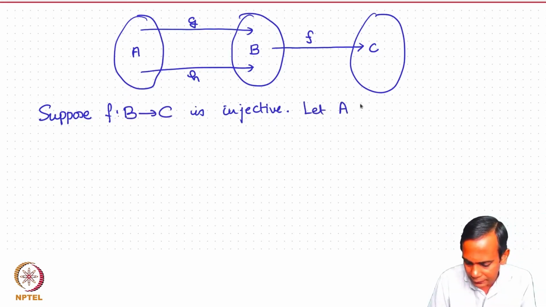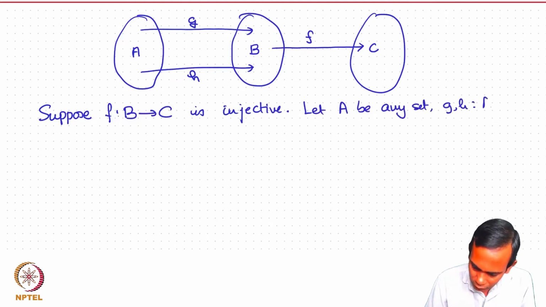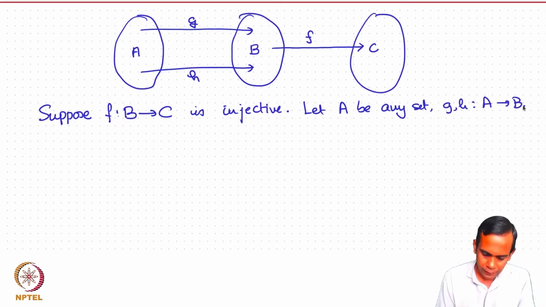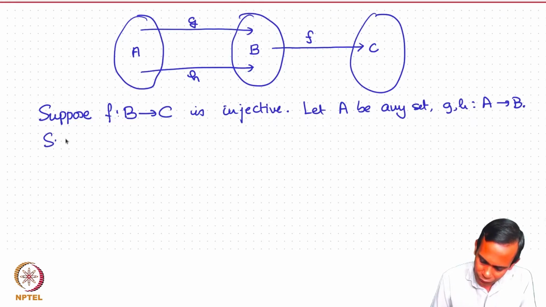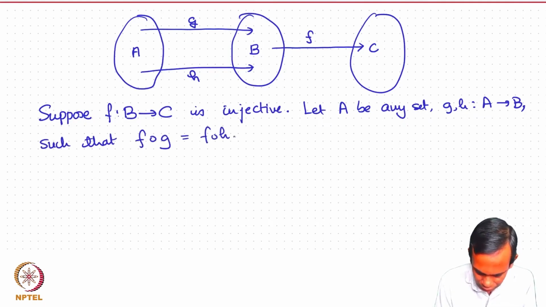Let A be any set and g, h be functions from A to B, such that, the hypothesis, f circle g is equal to f circle h.